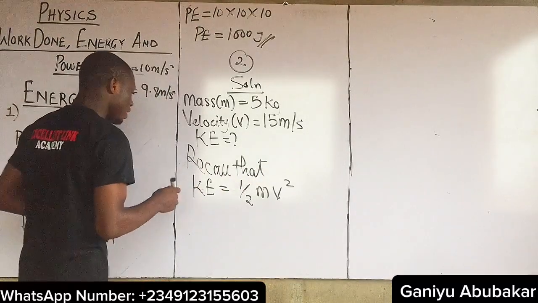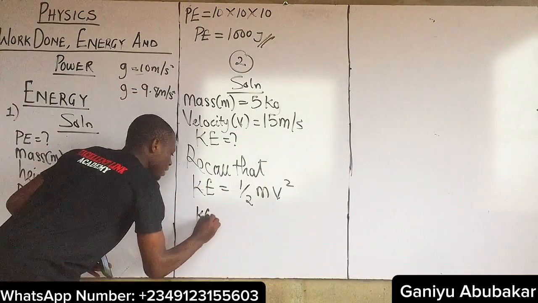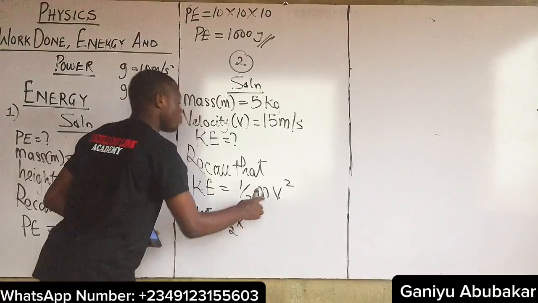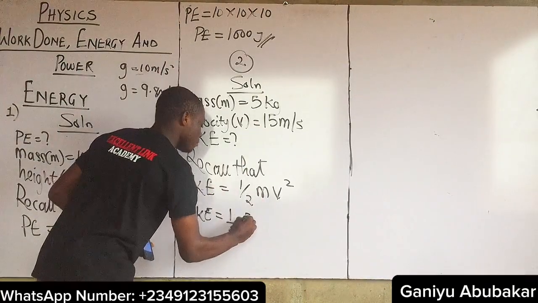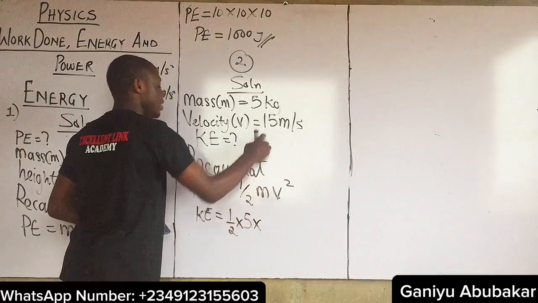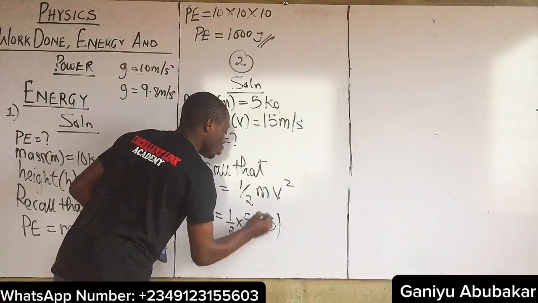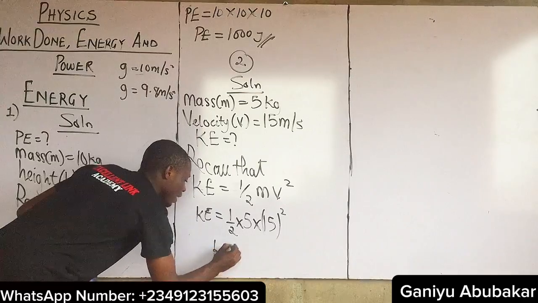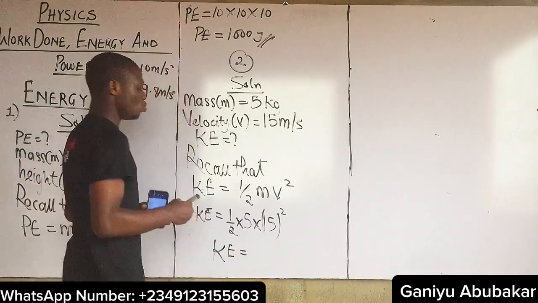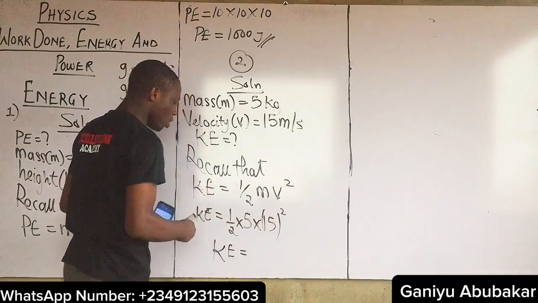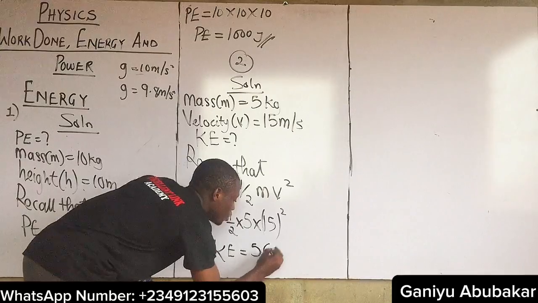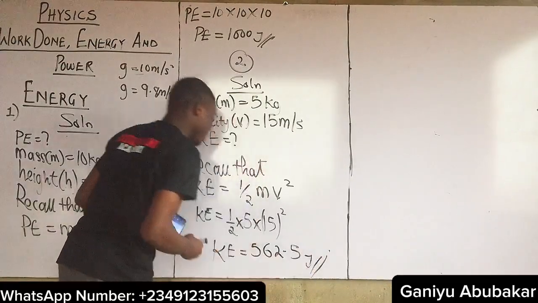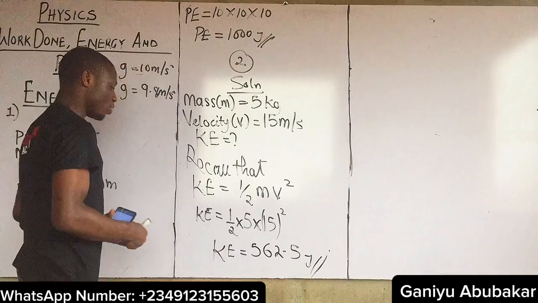My KE, which is kinetic energy, is equal to half times my mass, that's 5, times velocity, that's 15, all squared. If I multiply this through, I'll have 562.5 joules as my answer to this question.